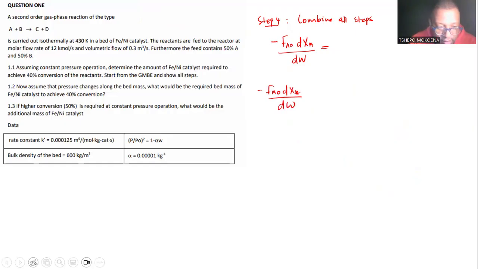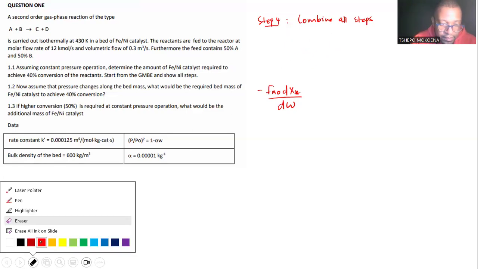I will erase that. Erase this one. I don't have space there. All right, let's go.